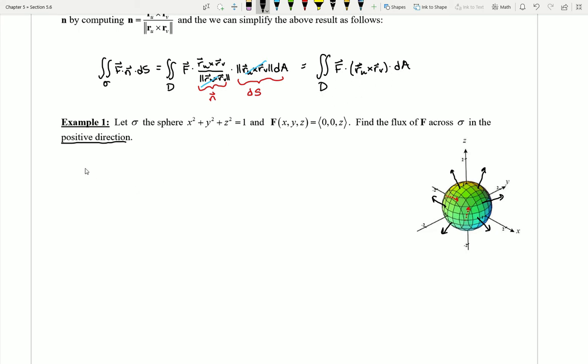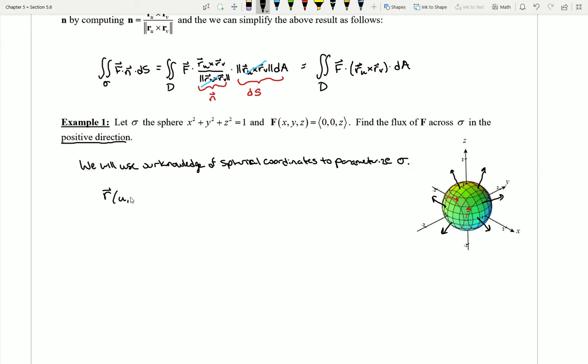Okay, so to parameterize it, we will use our knowledge of spherical coordinates to parameterize sigma. We actually did this in the last section, so I'm going to jot this down rather quickly.